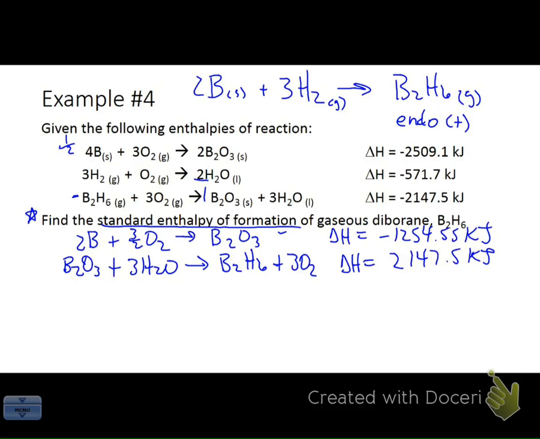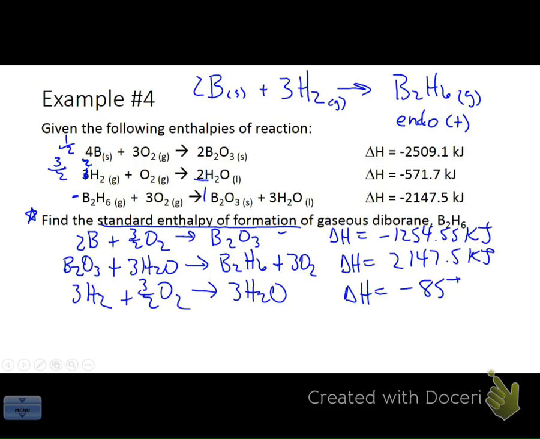I just caught it. This 3 shouldn't be here. That should be a 2. That would balance that equation. So I made a little bit of a typo there. So we're going to multiply that one by 3/2, and that's going to be the right answer. So sorry about that. So 3/2 times 2, that's going to give me 3H2, plus 3/2 O2, and then that'll be 3 waters. The delta H here, if I did my math right, is 857.55 kilojoules.